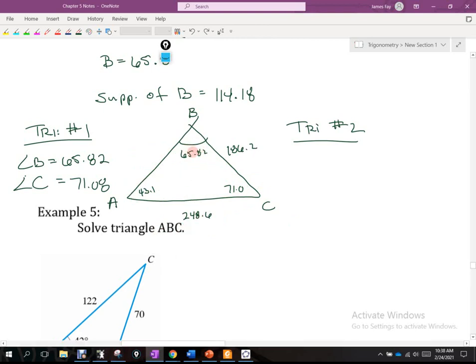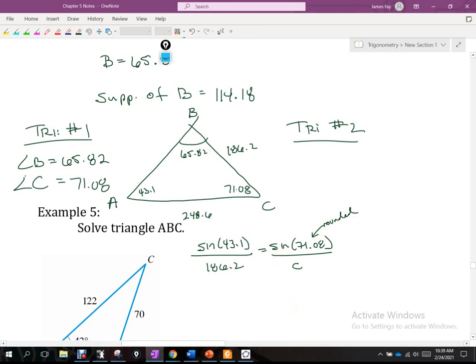So I'm going to write it as, because the 65.82 is rounded, I'm going to try to avoid that number. But I'm going to go sine of 43.1 over 186.2 is now equal to sine of 71.08 over lowercase c. Okay? Now that number right there is also rounded.